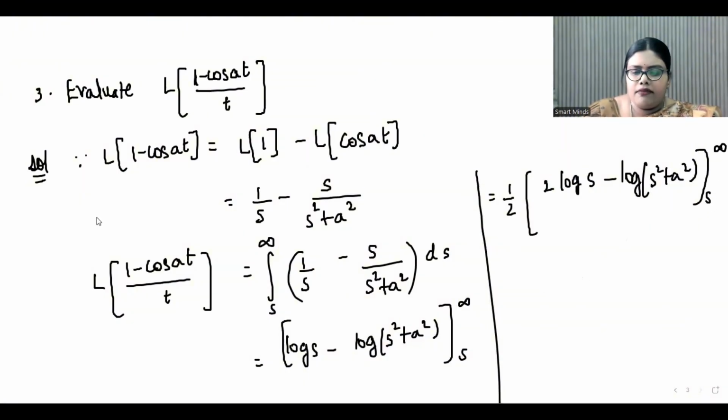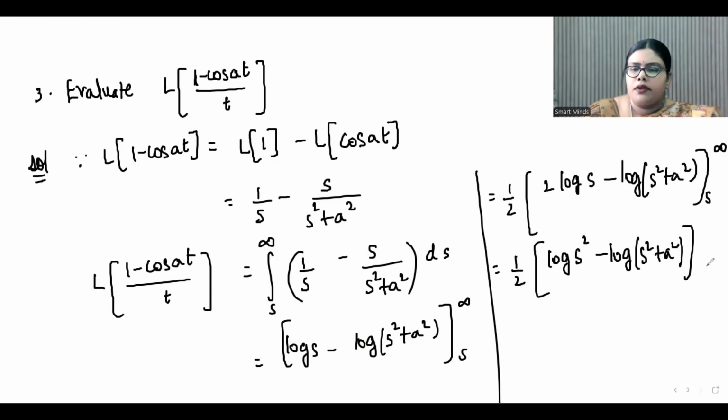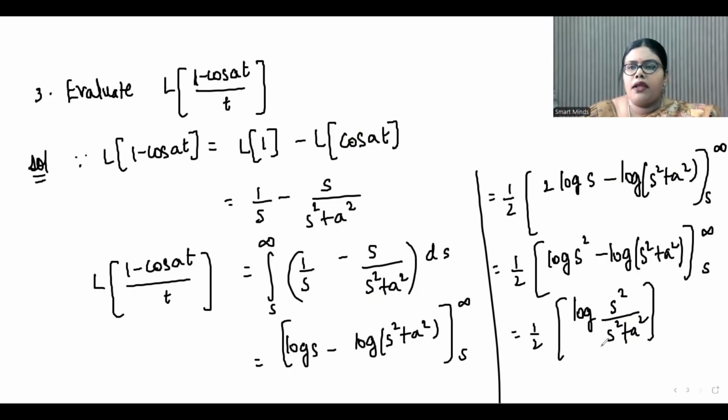Or else directly we can do one thing. Now that is 1 by 2 into 2 log s can be written as log s square, from logarithms, minus log s square plus a square from s to infinity. Now this can be written as log s square by s square plus a square, because we know that log a minus log b is log a by b, from s to infinity.